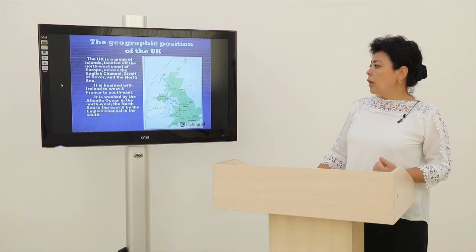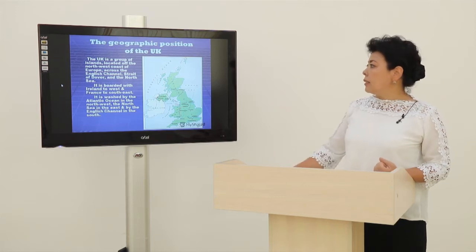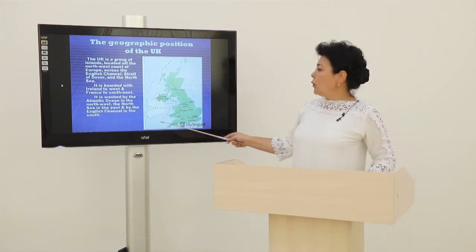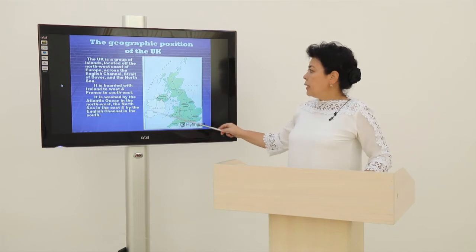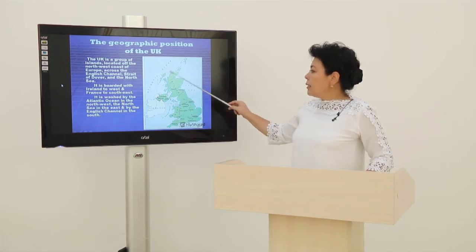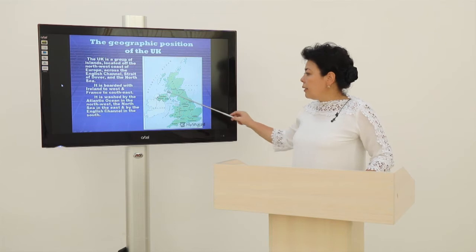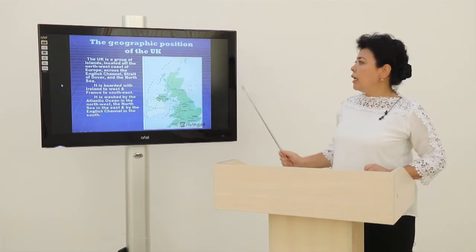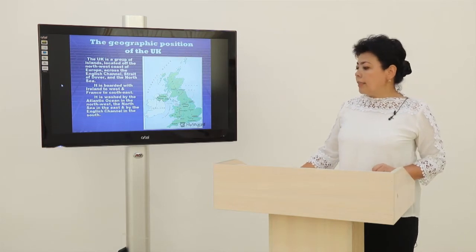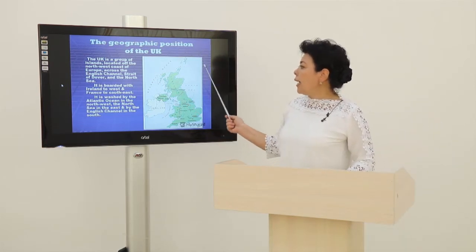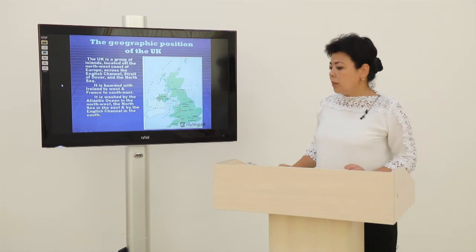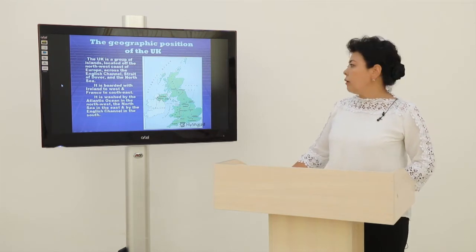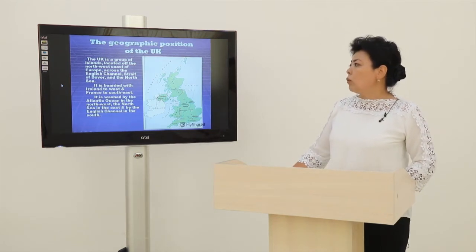So now look at the map. This is the map of the United Kingdom, and this is another island. When we talk about the geographical position of the United Kingdom, we can say that it is a group of islands located off the northwest coast of Europe, across the English Channel, the Strait of Dover and the North Sea.